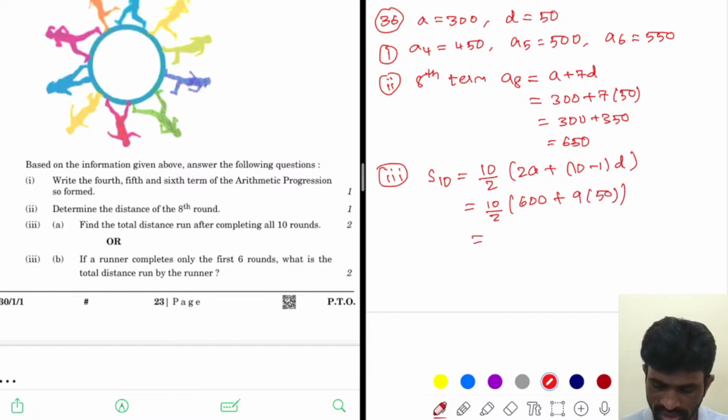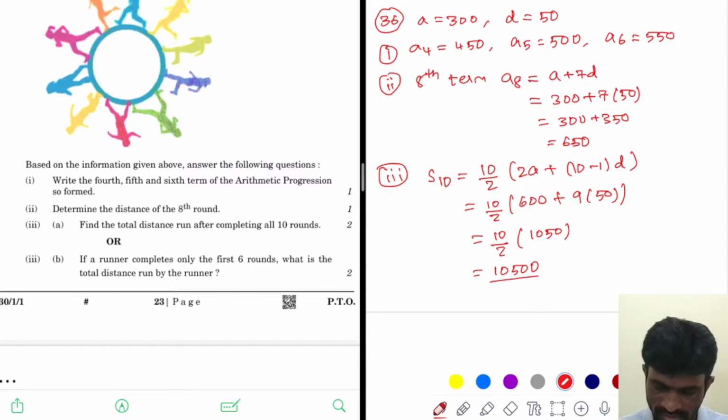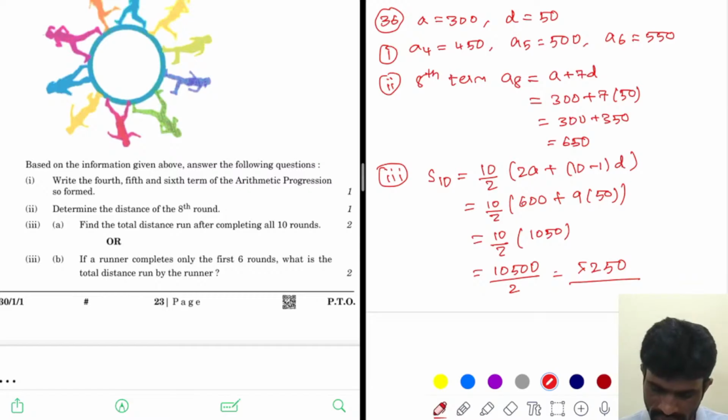So it is going to be 10 by 2 into 600 plus 450, 1050. So it is 10,500 by 2. After cancellation we get 5,250 meters. This is Sn.